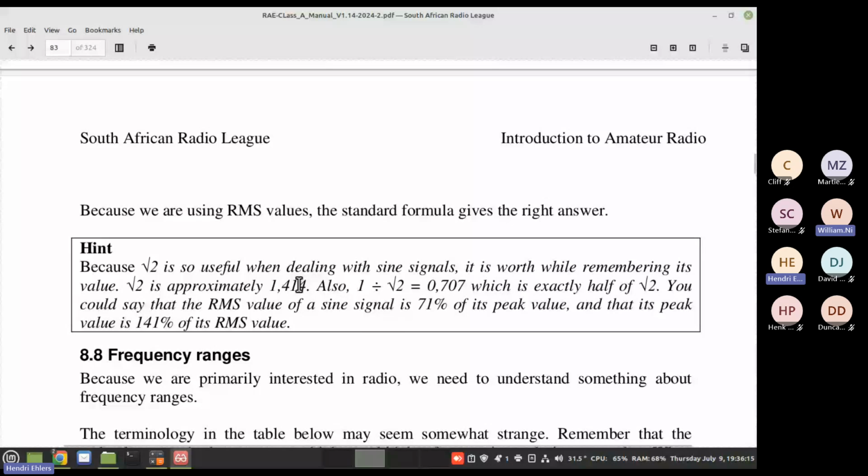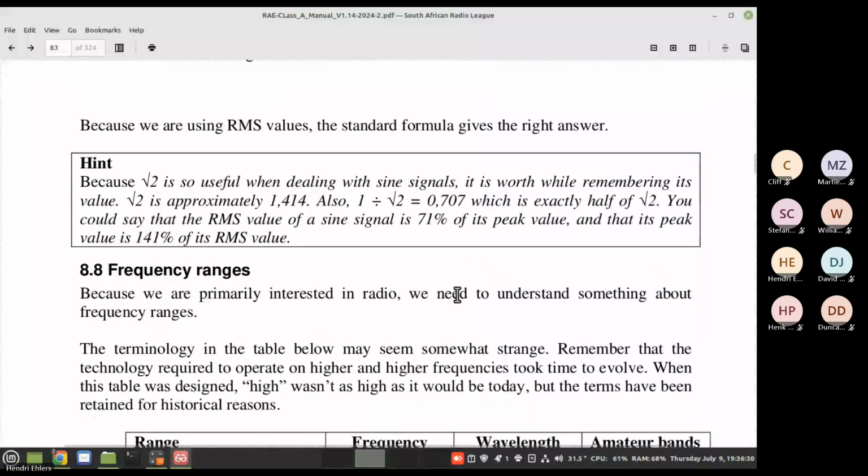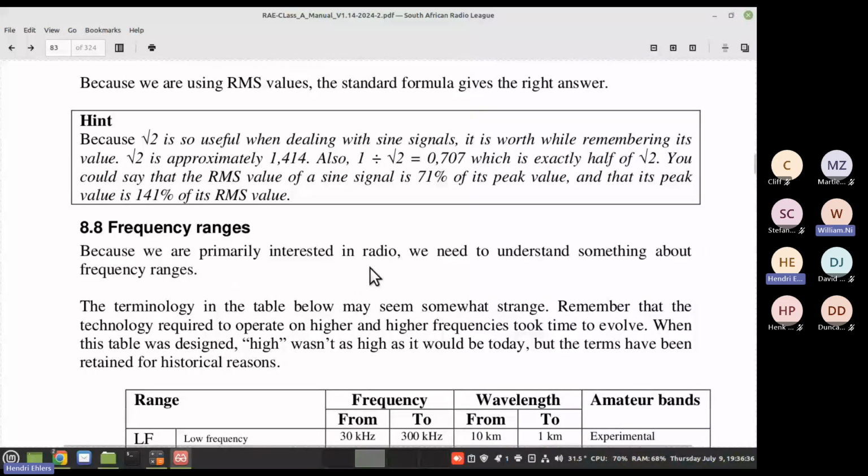Here they have all of that, but what I would suggest is just remember 0.707, and that the RMS value is always lower than the peak value. Then you use that to divide or multiply to calculate whatever you need.